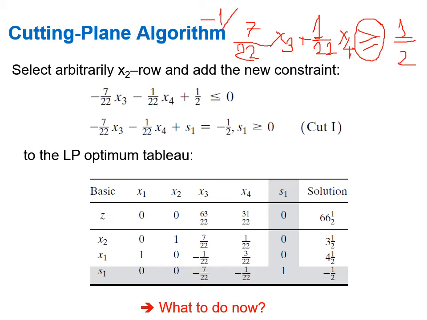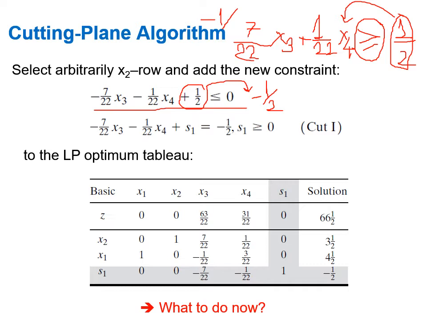And then if you move this 1 over 2 to the left hand side of the constraint, you can represent the cut in this way, or you can keep it on the right hand side as -1 over 2. Now this is the cut. But remember, in the Simplex Tableau, we always have equations. What do we do with this cut? We will add it to our Simplex Tableau.